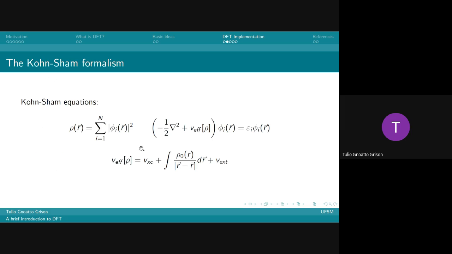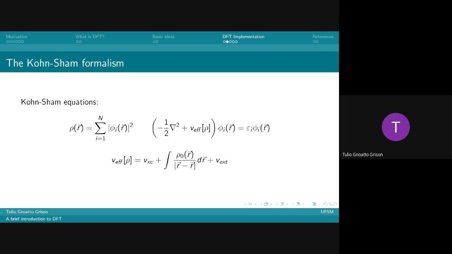DFT implementation now. For the implementation of DFT, we have the formalism proposed by Kohn and Sham, which is a way to describe the electron orbitals using the density functional.